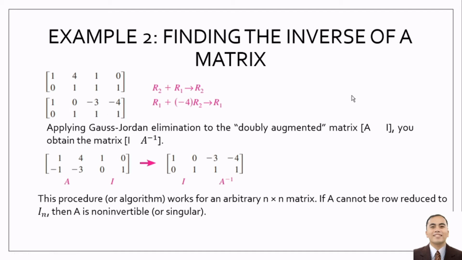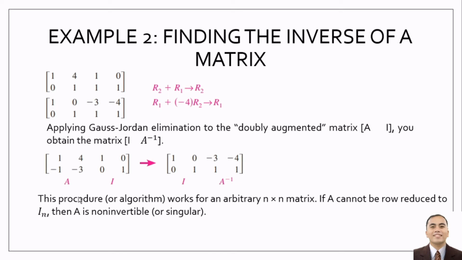Okay, so applying Gauss-Jordan elimination to the doubly augmented matrix A and I, you will obtain the matrix I and A raised to -1, which is illustrated here. So we have 1, 4, 1, 0, negative 1, negative 3, 0, 1, to 1, 0, negative 3, negative 4, 0, 1, 1, 1.